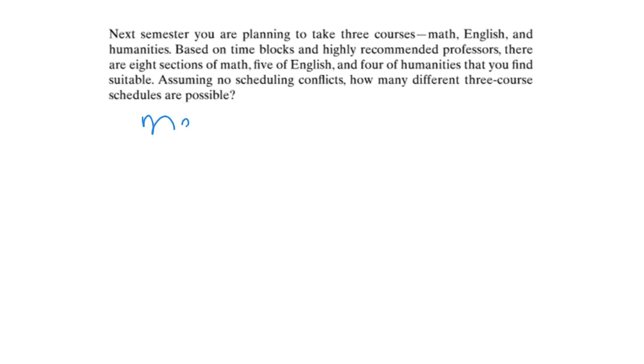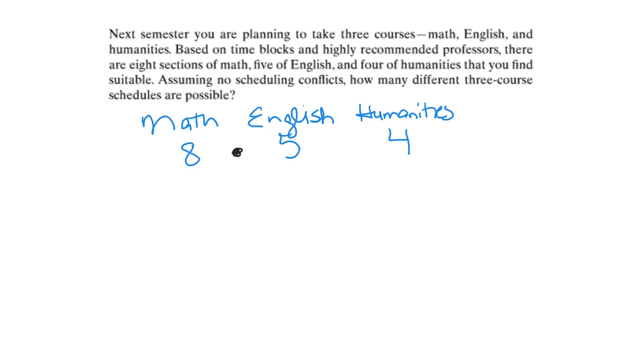So for Math, we have 8 sections. For English, you have 5 sections. And for humanities, you have 4 sections. Again, according to the fundamental counting principle, if we want to know how many different course options you have or schedules, you're going to take each one of these and multiply them together.